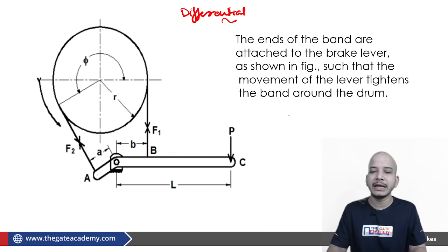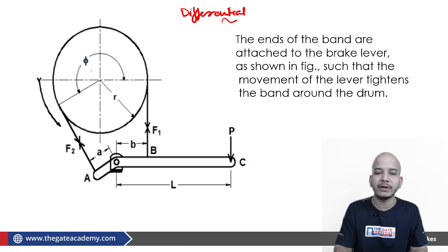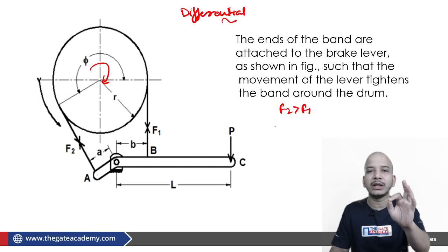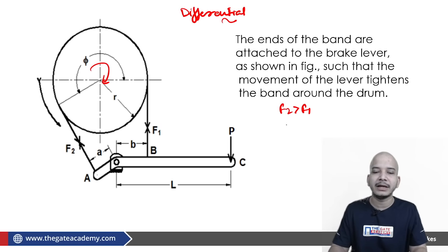So from here, once again, if I ask you that the clockwise rotation is there, then from the FBD, F2 must be greater than F1. Unless you mention whether the rotation is clockwise or anti-clockwise, you cannot move further. So F2 is greater than F1 provided the clockwise rotation is there. MT is equal to, once again, (F2 minus F1) into R.